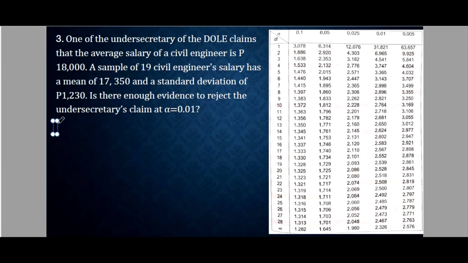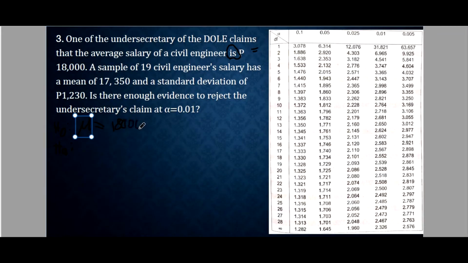So again, let's start with the null and alternative hypothesis. What is the claim of the undersecretary? The claim is that the average salary of a civil engineer is 18,000. That uses the equal sign, so the claim falls on the null hypothesis.